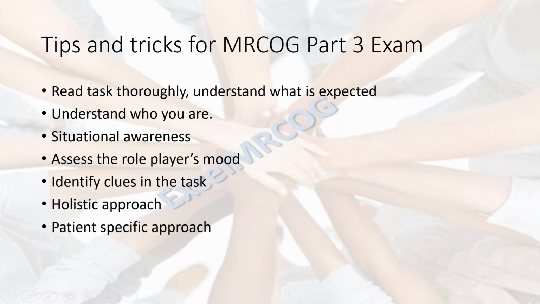Part 3 exam. Patient-specific approach is again the same thing: one form of treatment may not be suitable for another patient with the same condition. Like there is a patient who is having, say, morbid obesity.